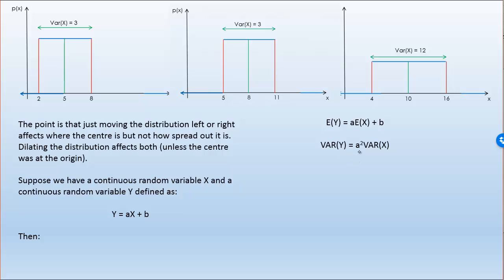The variance of y is a squared times the variance of x. Remember, variance is a squared unit. The b plays no part because just moving does not affect the spread. The standard deviation of y is then a times the standard deviation of x.